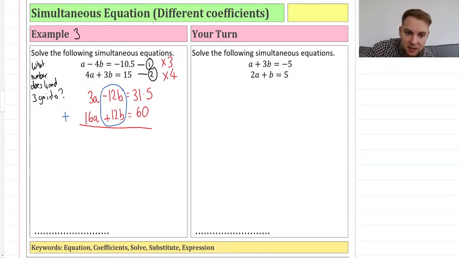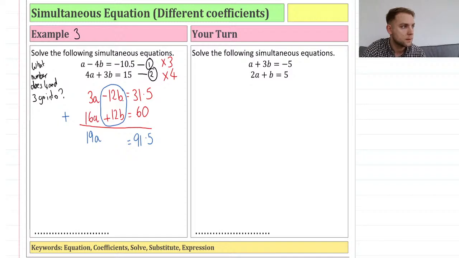So when I add these, 3A plus 16A is 19A. Minus 12B plus 12B is nothing. And 31.5 plus 60 is 91.5.